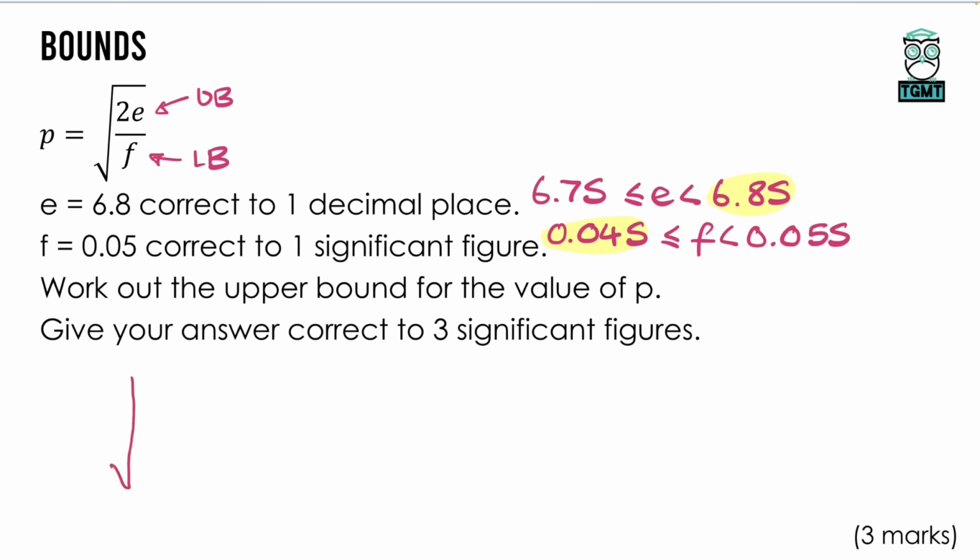So we're going to do the square root of 2 times 6.85, and on the bottom, we're going to do 0.045.